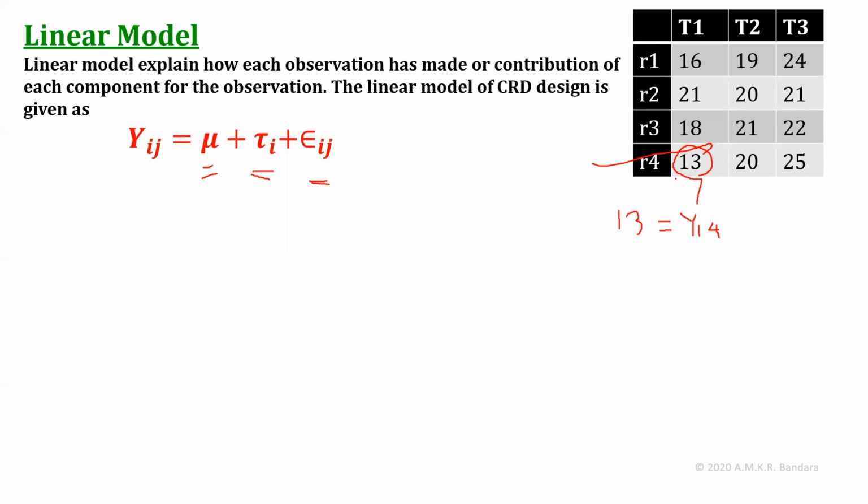So you can see this 13 has made up of 3 components. First component is the population component. Another one is the treatment component and the other one is the residual component, the error component. So all these observations, 19 or 22 or any other observation, are made up of 3 things.